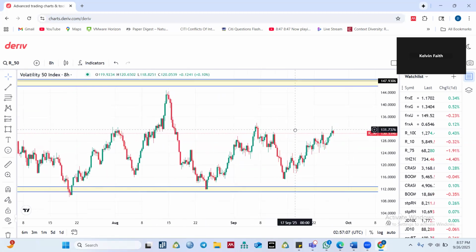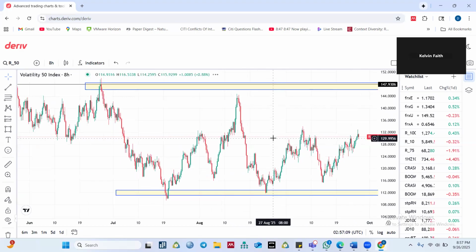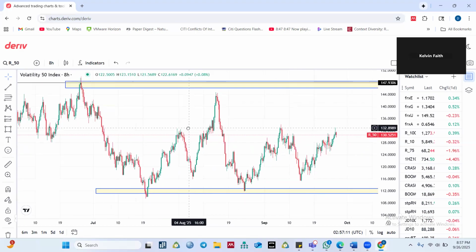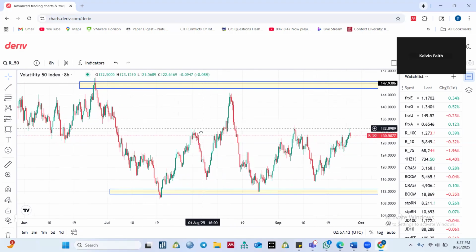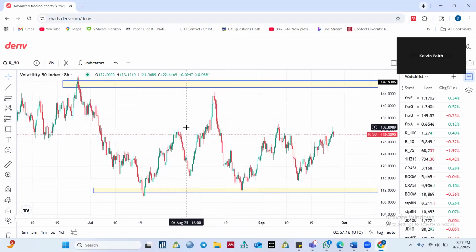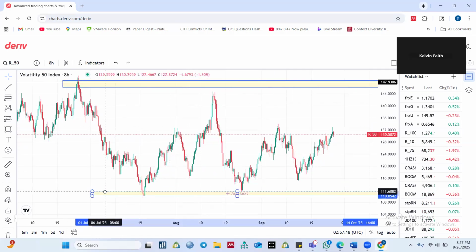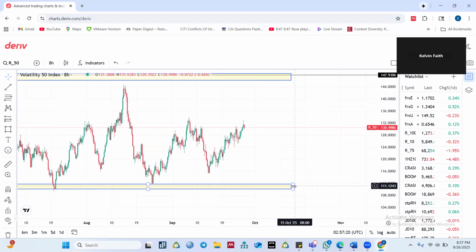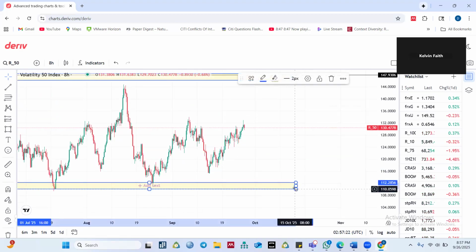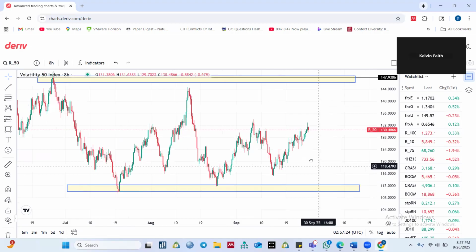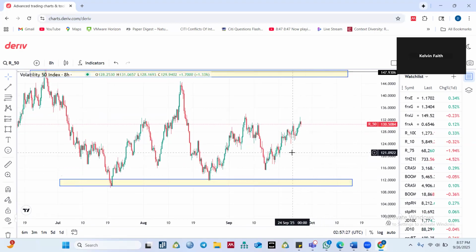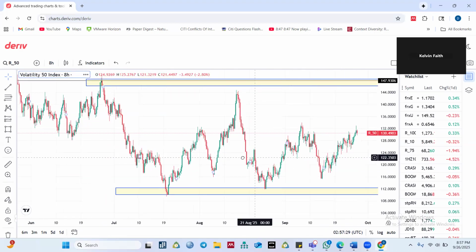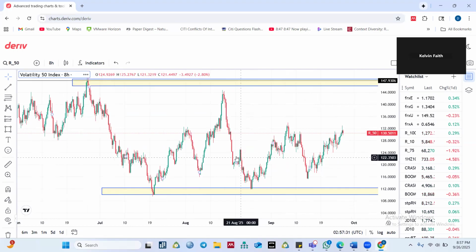So on the 8 hour, first I want to identify my support and resistance, and the new concept about support resistance that I'm using these days is the precision support resistance line, or the magic support resistance line. So what is the magic support resistance line?